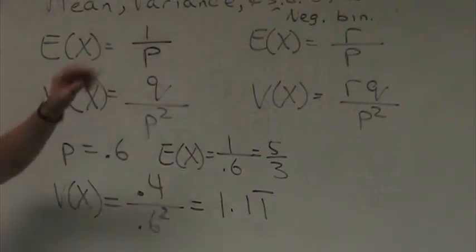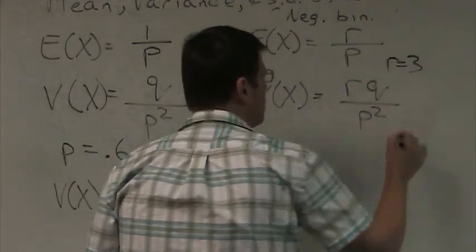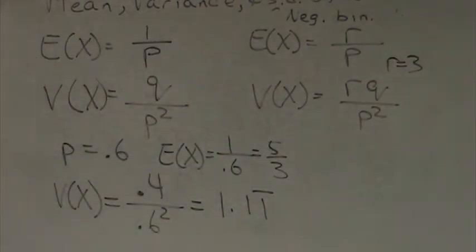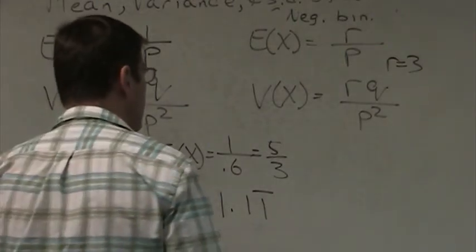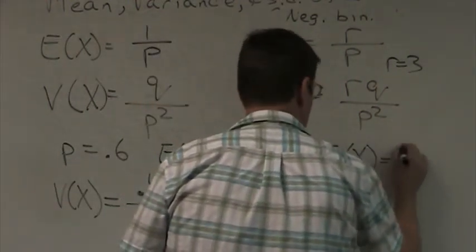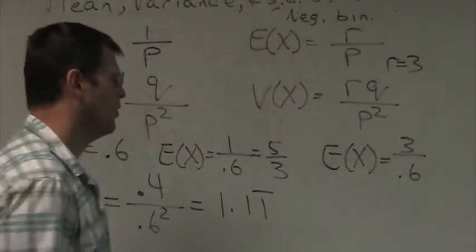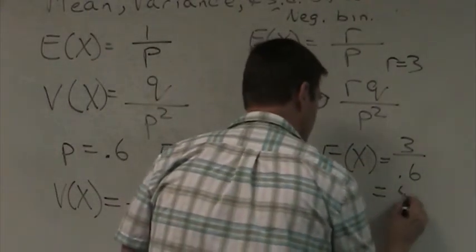Now for the negative binomial case, when we had r equals 3, this would be the expected number of trials, or expected number of attempts, before somebody is out of the game. The expected value of x would be 3 divided by 0.6, which works out to be 5.